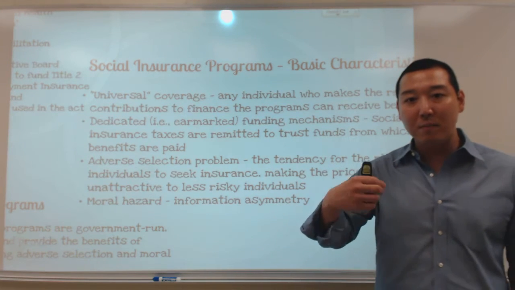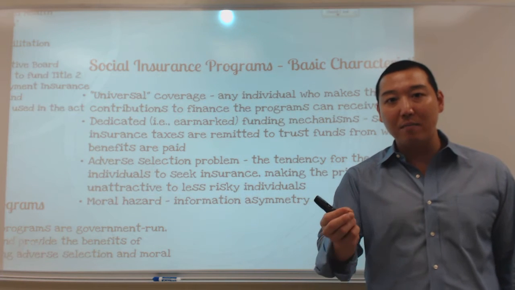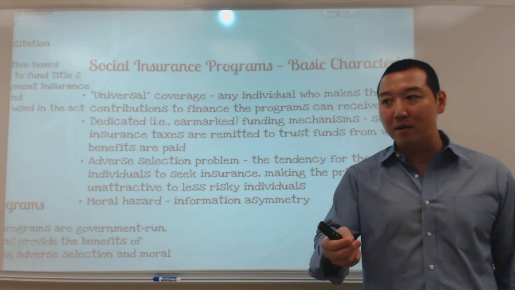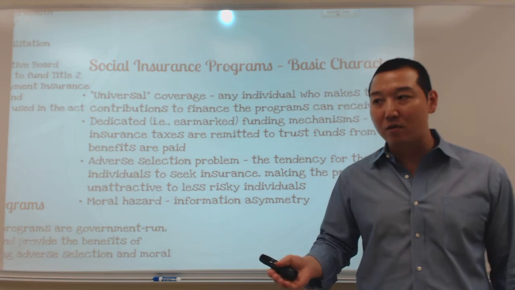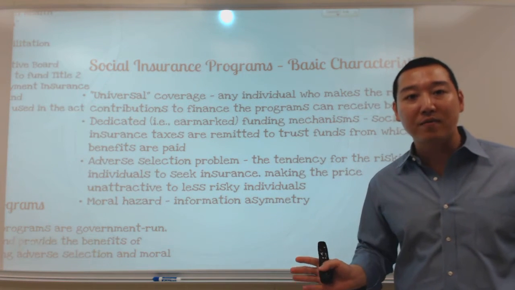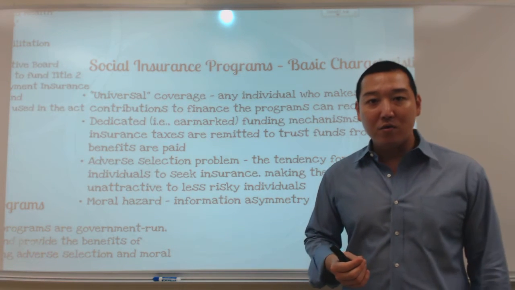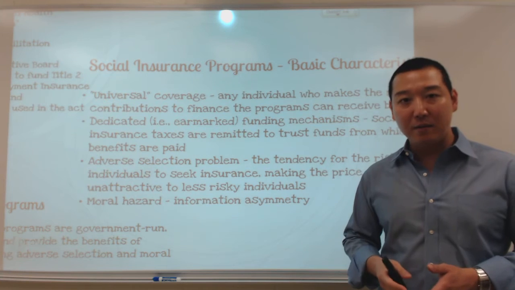Okay? And so as long as you've contributed into the program in question, you may become eligible for benefits under that particular program. Of course, there's lots of different social insurance programs out there. The way in which social insurance programs are funded is different from public assistance programs. Typically, they use what's called dedicated or earmarked financing.